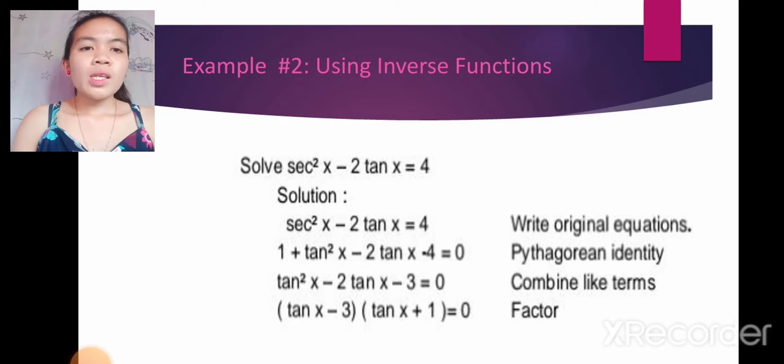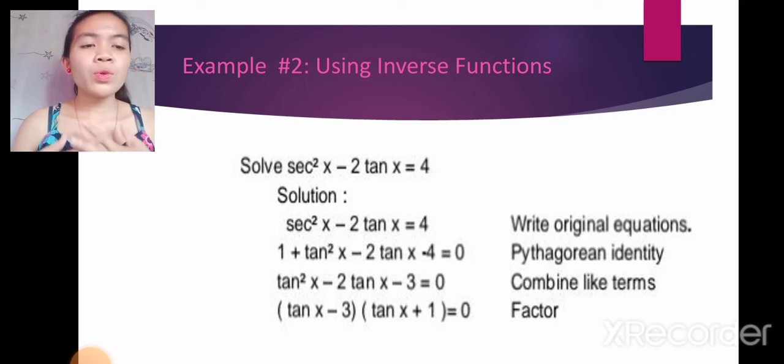So, example number 2, using inverse functions. Solve sec squared x minus 2 tan x = 4. Solution: first, write the original equation, sec squared x minus 2 tan x = 4. So 1 plus tan squared x minus 2 tan x minus 4 = 0.